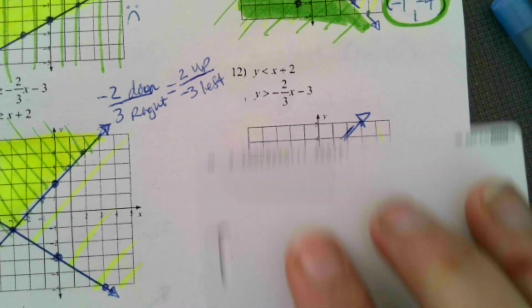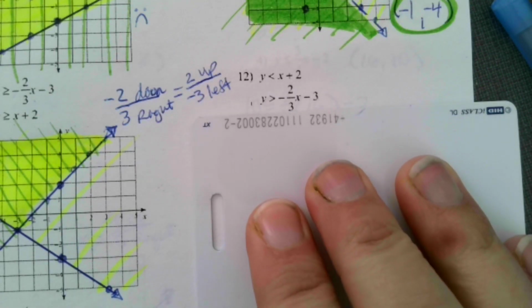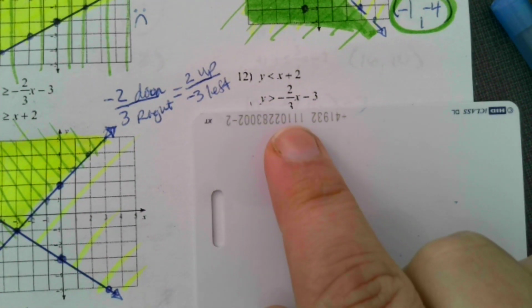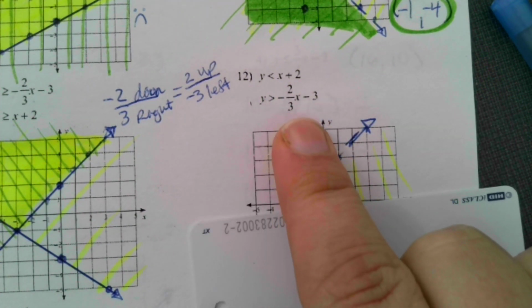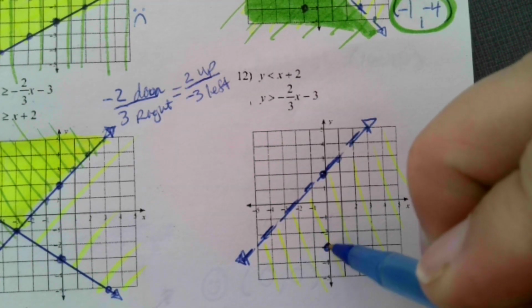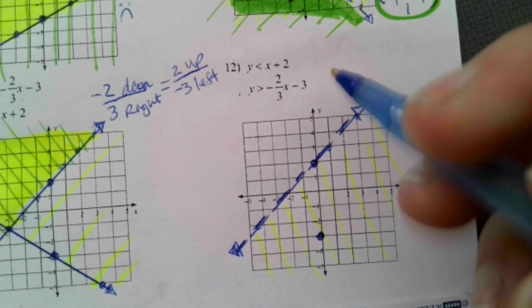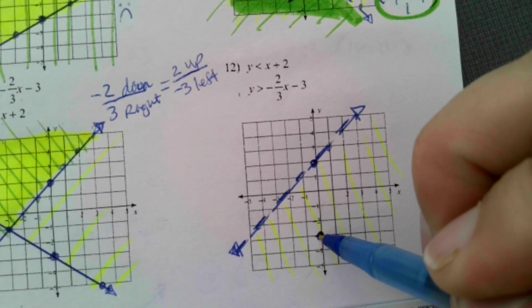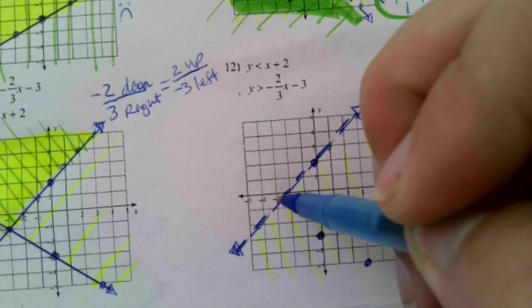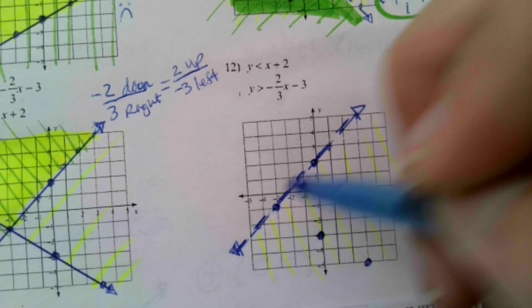What's our y-intercept for our second equation? What's our y-intercept, y'all? Thank you. Okay, and then it's going to be down 2 right 3 or up 2 left 3. Solid or dashed?